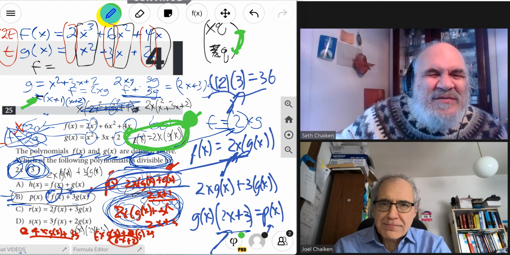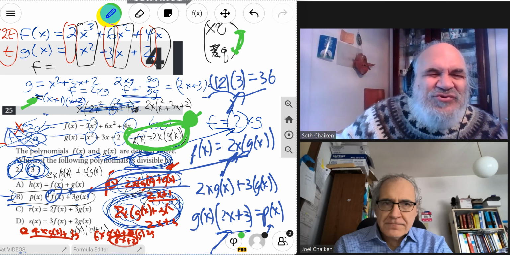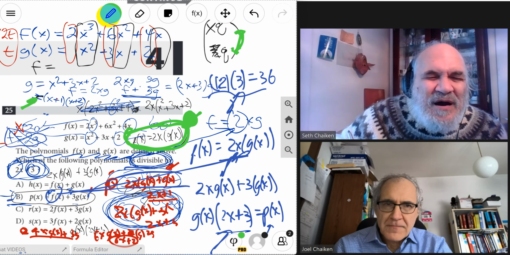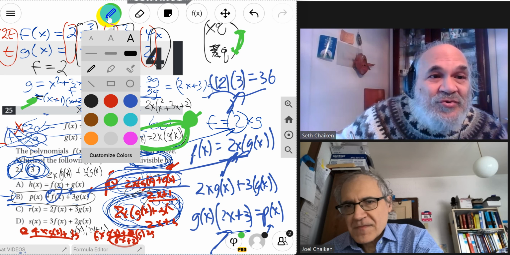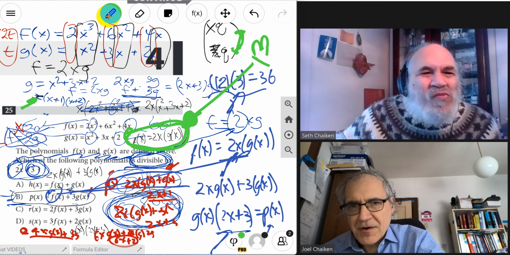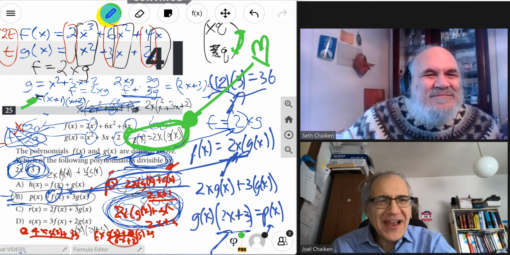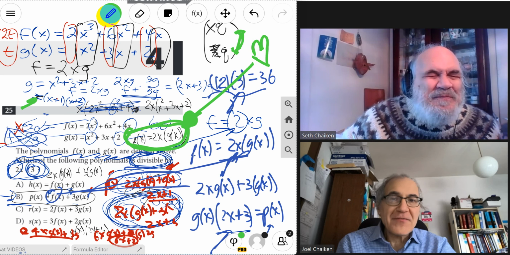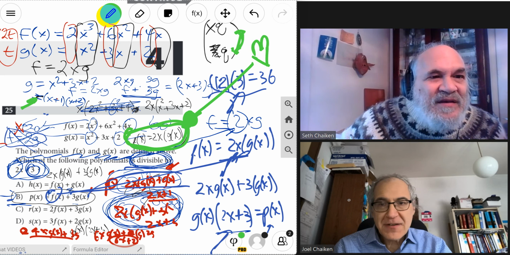And so the upshot of observing these two patterns is Joel's major conclusion that F is equal to 2 times x times G. This is the heart of the problem. Without that, you can't do anything.